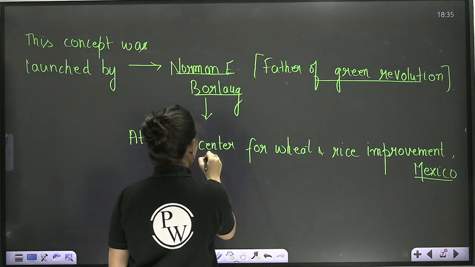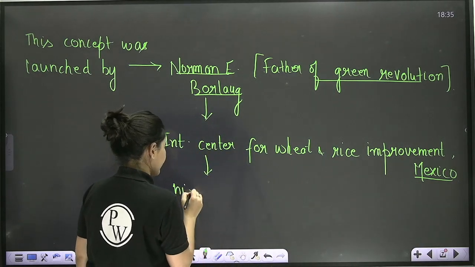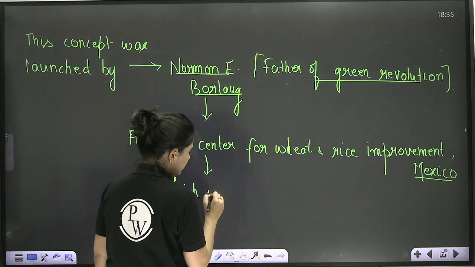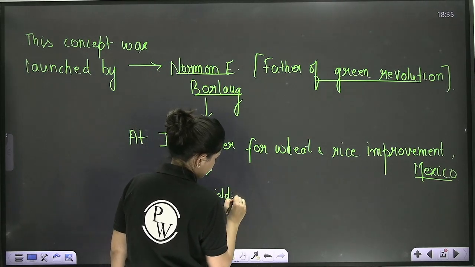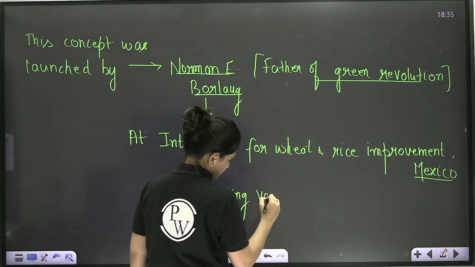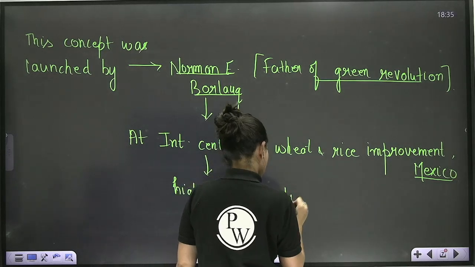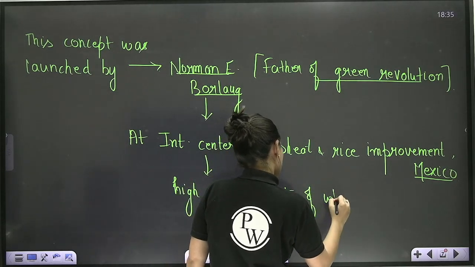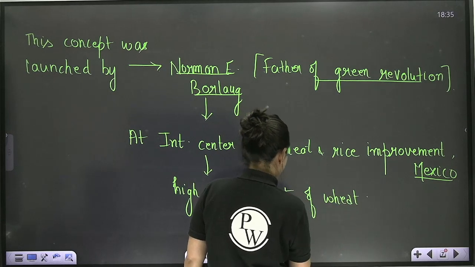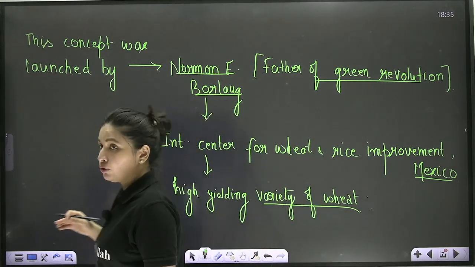Where he developed the high yielding and disease resistant variety of wheat, right? Later on, it was also launched in India.